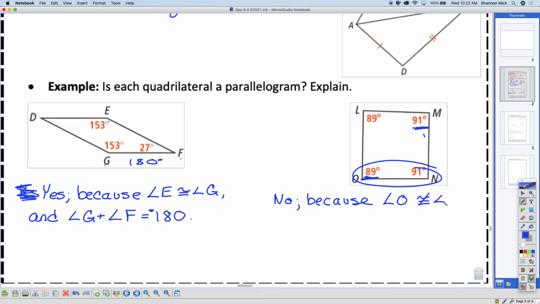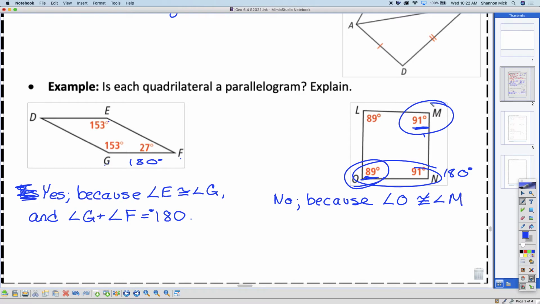Yeah, it does. 89 plus 91, yep, it does equal 180. I didn't add it up, I just went with it. So it meets that condition, but are these opposite angles congruent? No.